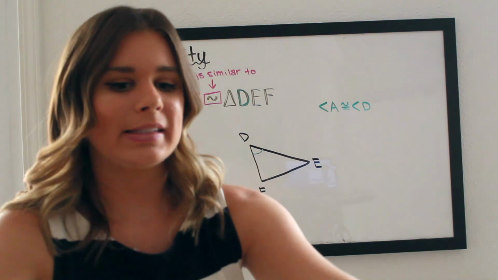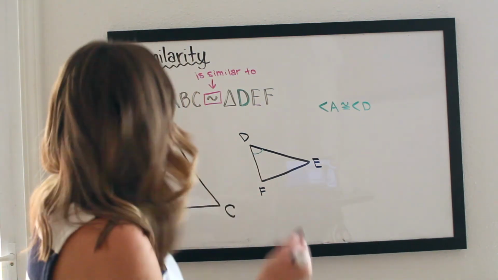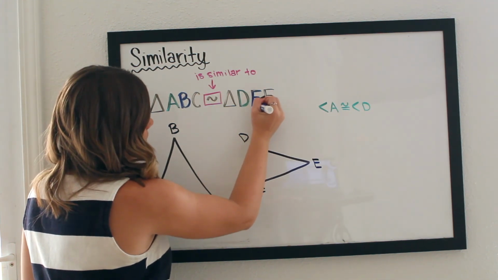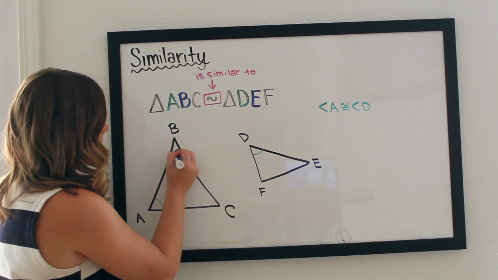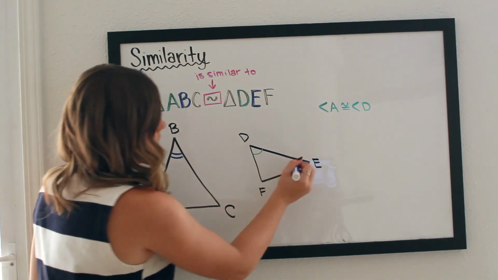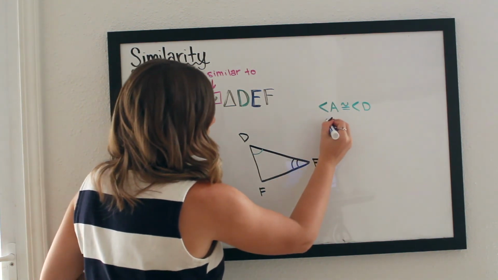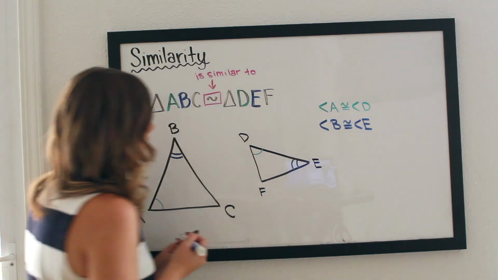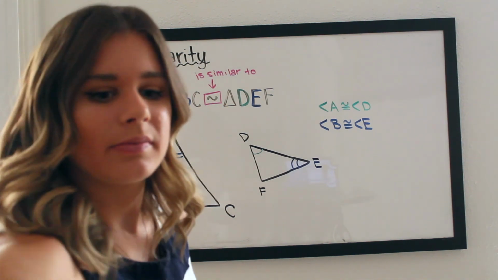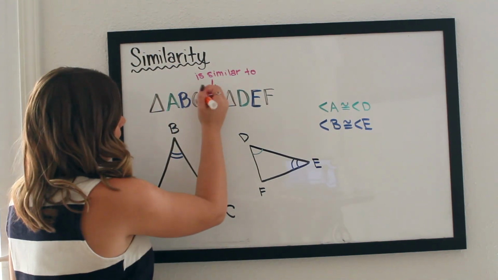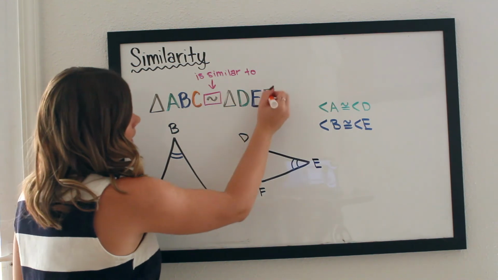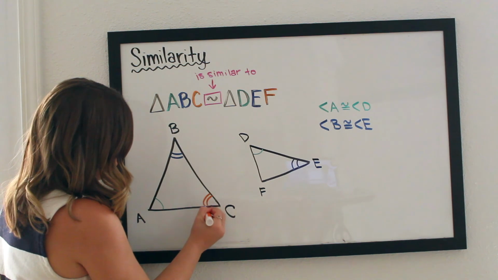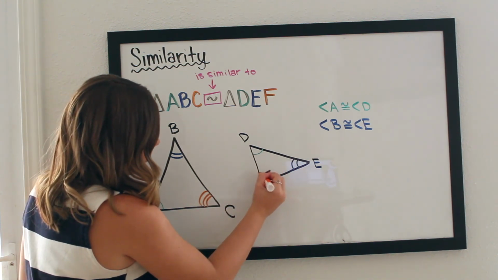Okay, my second letter is B and E. So what this means is angle B is congruent to angle E. Next, I have angle C and angle F. So that means angle C is congruent to angle F.